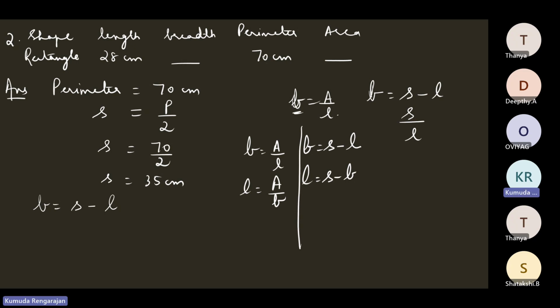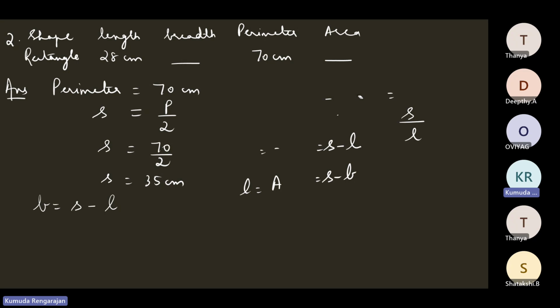But if area is given, breadth is area by length, or length is area by breadth. So you can just make a note of this. We've already come across these formulae, but just in case you're confused which one to use where, make a note.